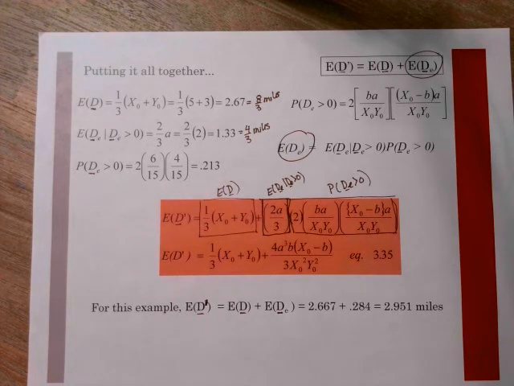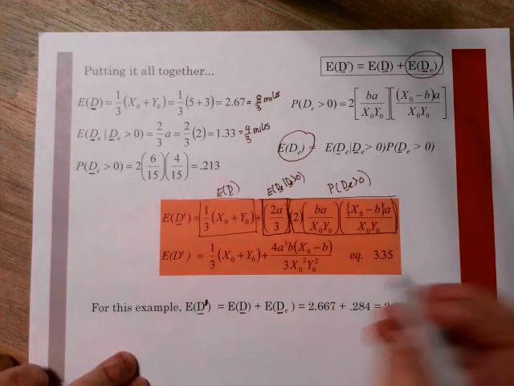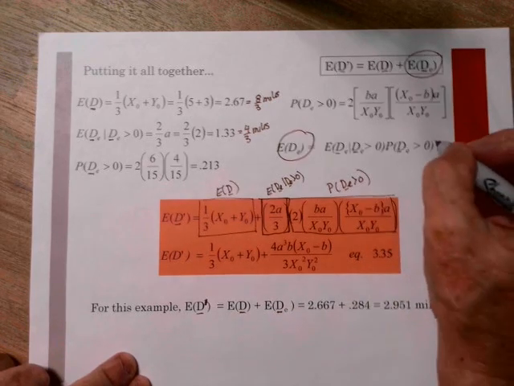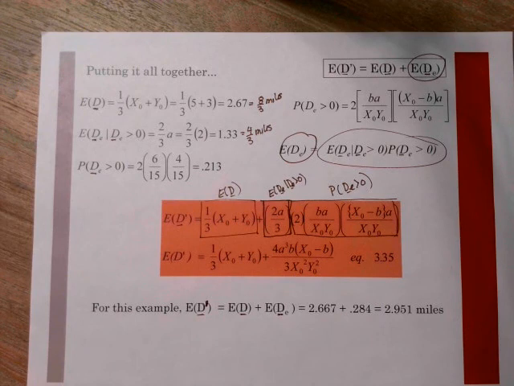It was hard for me, believe me. But I wanted to go through it fairly slowly. And again, be careful with this, because I think the book also does this. They just express the expected extra distance, but it is really this more complicated equation that we have to use. So I'm going to end here, and we'll move on to some other stuff in the next lecture.